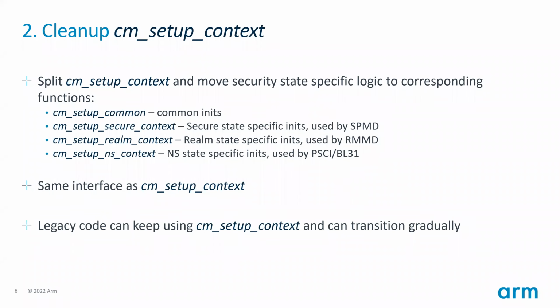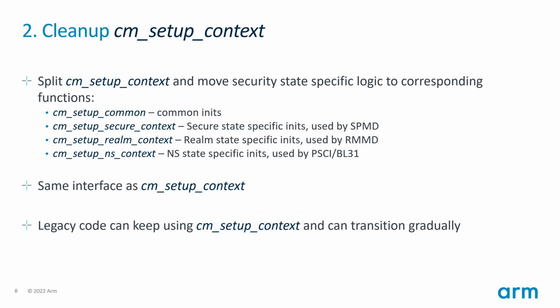And we'll also have a setup non-secure context, which will be used by the PSI library in BL31. So this is splitting the same setup context. We are planning to use the same interface as the same setup context.